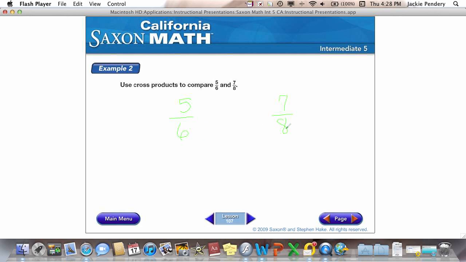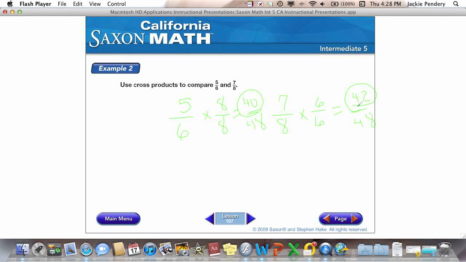So for example, 5/6, I'm going to multiply by 8/8, and that's going to get me 40/48. I'm going to multiply 7/8 by the 6 denominator, by 6/6, which is going to get me 42/48. Well, my denominators are now the same, and only my numerators are different.